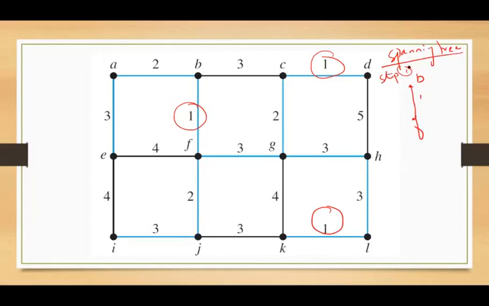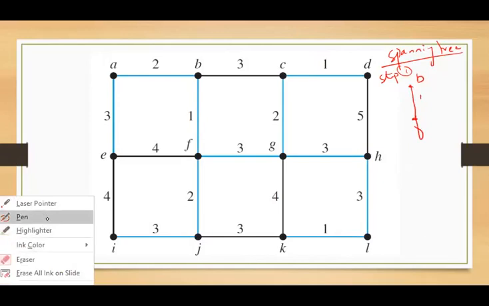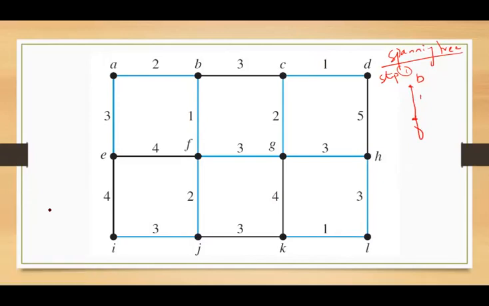Now in step 2, I will change this diagram only. I won't draw another new diagram. So just make sure that you are understanding the problem. Now, step by step, the edges of minimum weight that are incident to a vertex already in the tree are added.